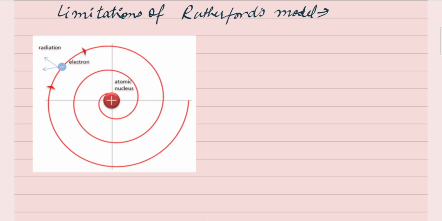There was a scientist known as Maxwell. He proposed a theory, according to which whenever an electrically charged particle is moving in a circular path, it will always radiate some energy.